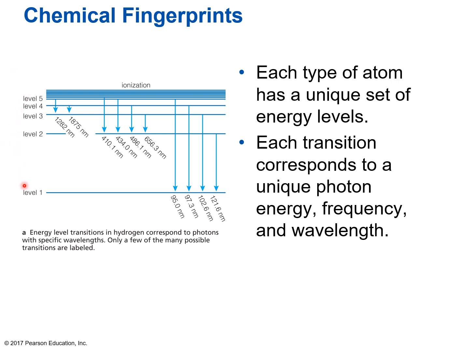This is the same ladder rung diagram with level 1, otherwise known as the ground state, level 2, level 3, level 4, level 5, and many other levels, but they get closer and closer to each other as they go up. And when we were looking at that chart, if you remember, level 1 said 0 electron volts, and then level 2 was 10.2 electron volts, and then 12.1. And I said those energy levels are specific to hydrogen.